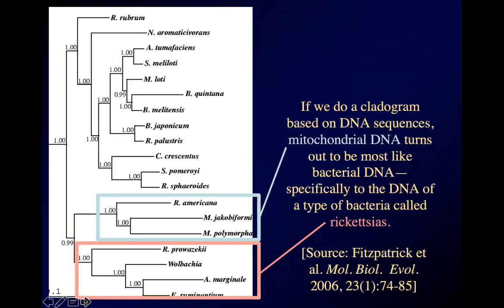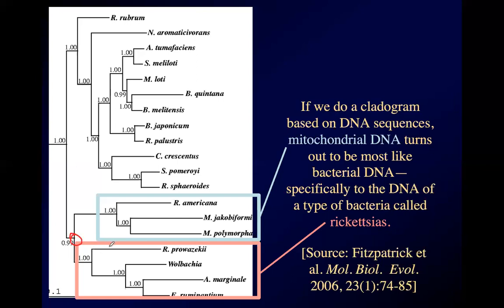And if we do a cladogram based on DNA sequences, mitochondrial DNA is right here. These are 3 species of eukaryotes that contain mitochondria, and we use PCR, remember that from last week, to read the sequences of mitochondrial DNA from eukaryotes and compare it with DNA from bacteria, and boom, they share a common ancestor right there.